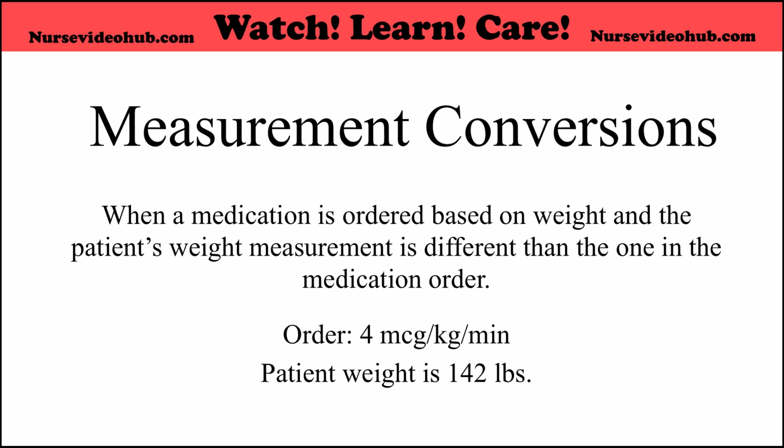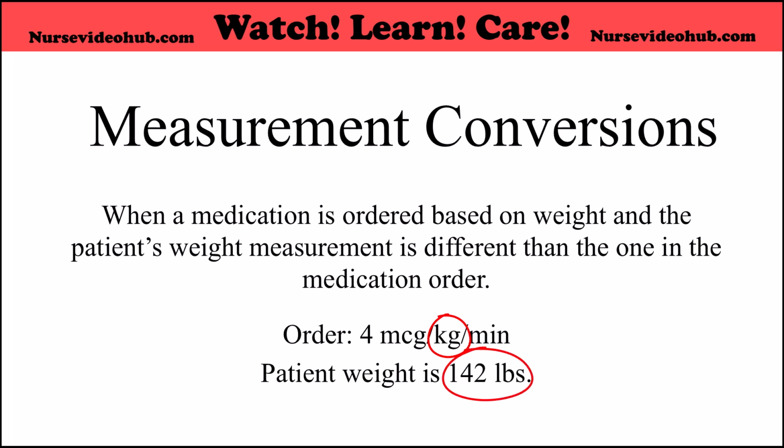You may need to do measurement conversions and dosage calculations when a medication is ordered based on weight, and the weight measurement obtained differs from the one in the medication order. For example, if the patient's weight is recorded in pounds, but the medication order is based on kilograms, you would need to convert the pounds to kilograms. In the order for micrograms per kilogram per minute, you have the patient's weight at 142 pounds.